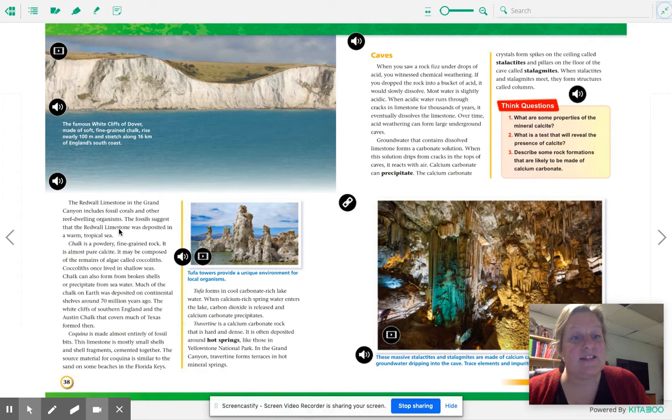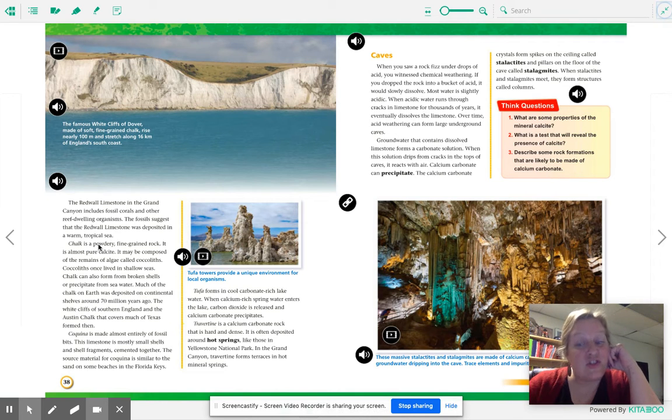The fossils suggest that the Redwall limestone was deposited, again, that word deposition, left there in the warm tropical sea. So there was a warm tropical sea prior to the Grand Canyon. And when the river eroded, forming the walls of the Grand Canyon, it revealed these limestone creatures that have over time been there. So that's the reef.